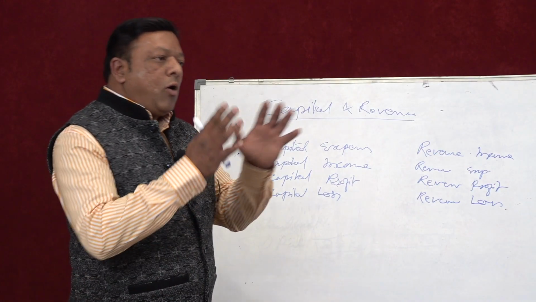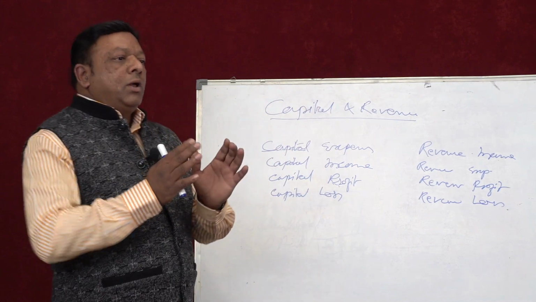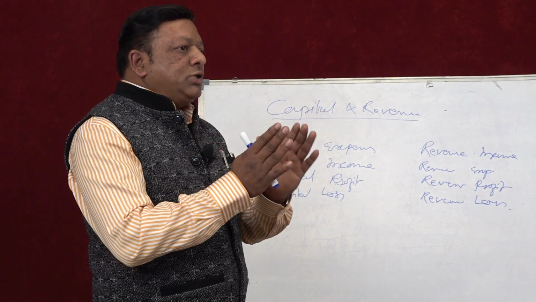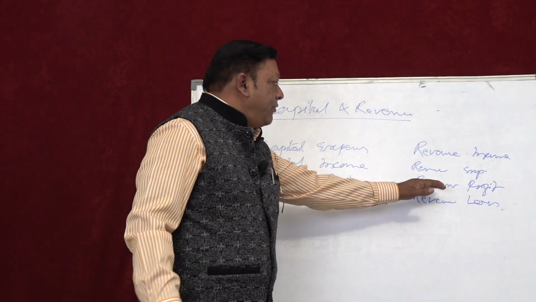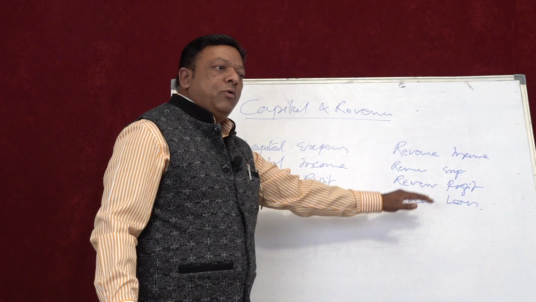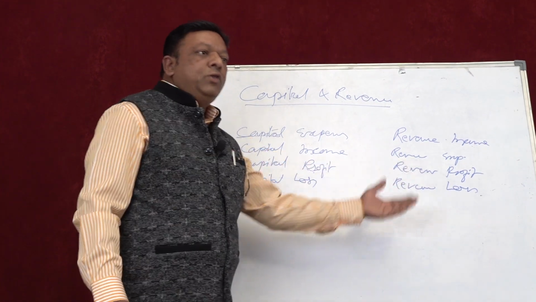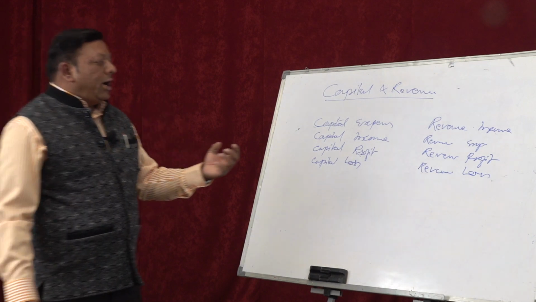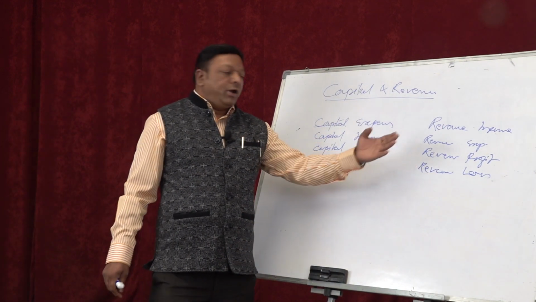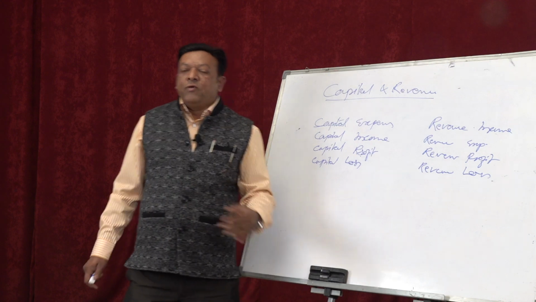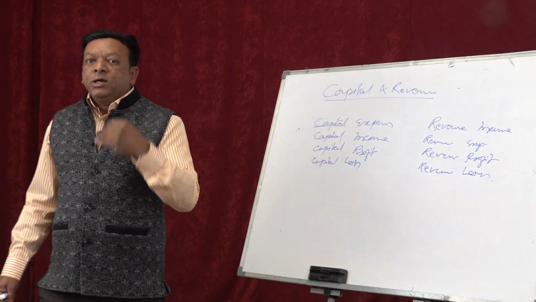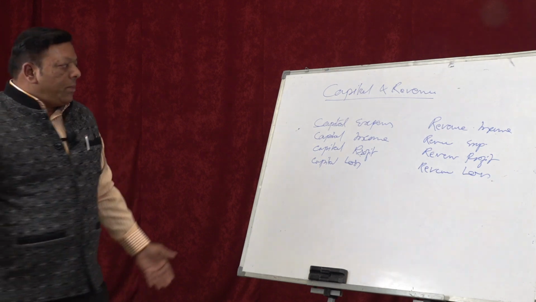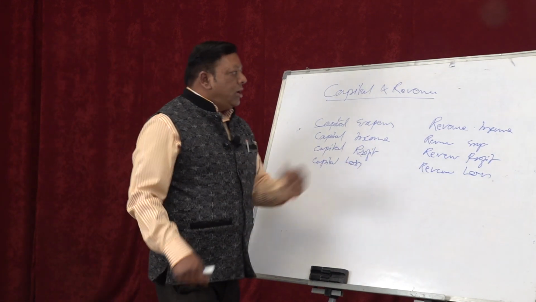Revenue profit: we compare the aggregate revenue income and the aggregate revenue expenditure, and we get the revenue profit or revenue loss. If the revenue income is greater than the revenue expenditure, it results in revenue profit. Revenue loss is whenever you get less income as compared to the aggregate expenditure.